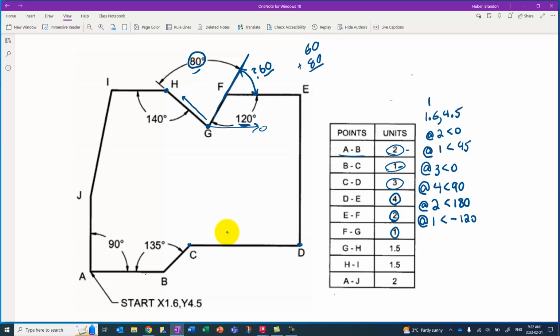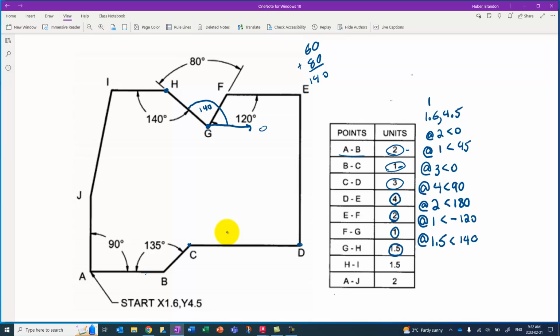So that would be a total of 140 degrees. Let's get rid of some of the mess here. From a 0 line to here would be 140. So we can write our coordinate as at 1.5 angle 140. That was a bit of a tricky one.